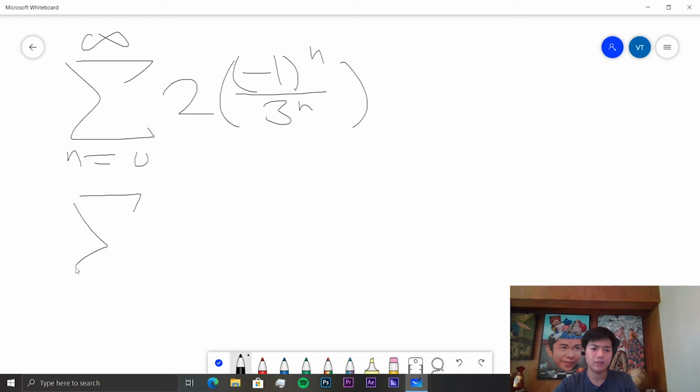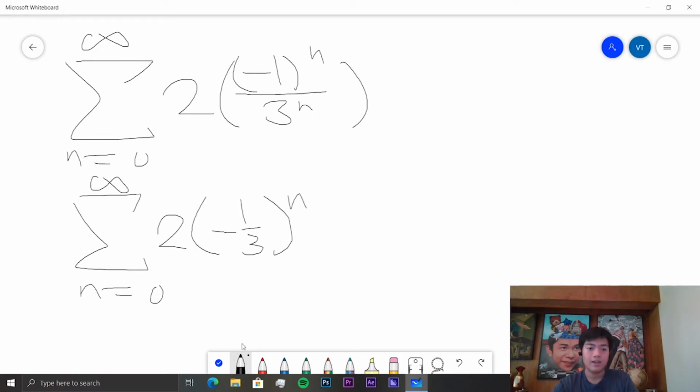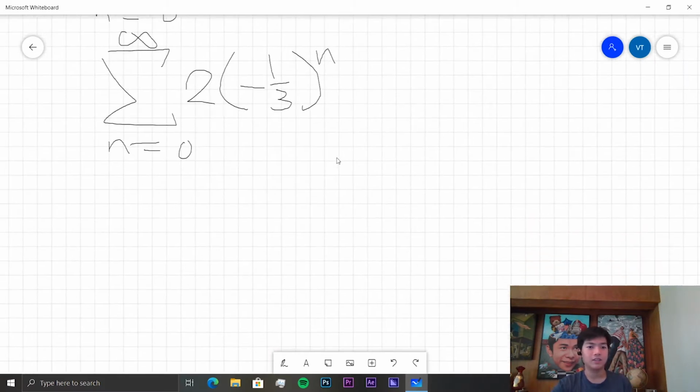Okay, this is an interesting one. So we have n equal to 0 to infinity, and we need to get the summation of effectively 2 times (-1/3)^n, since both are being raised to the n. And this should converge.